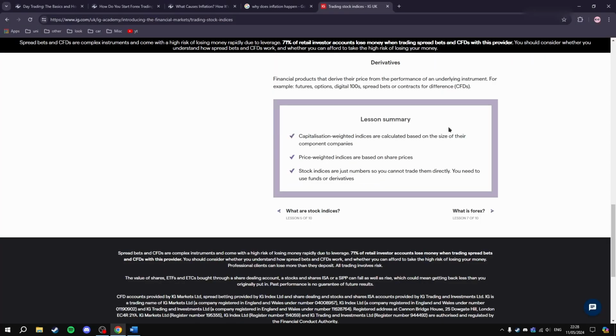For example, futures, options, digital hundreds, spread bets, or contracts for differences.